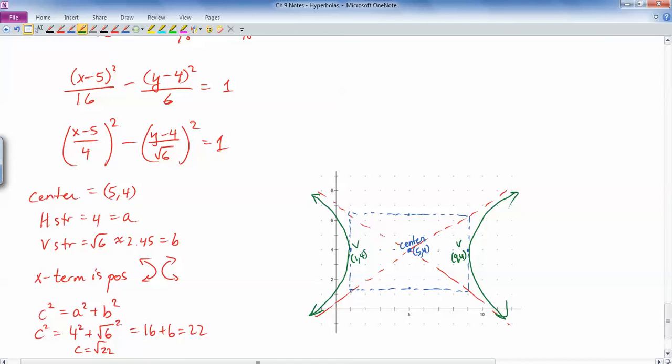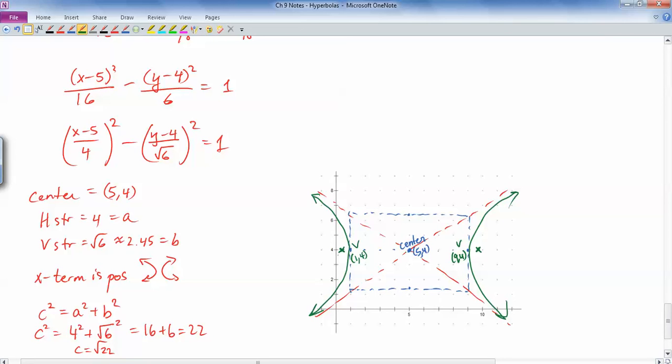Let's see, what else do we need? We need the foci. Okay, so the foci were root 22 away from the center. So root 22, that's a little less than 5. So if I go a little less than 5 away from the center, so 1, 2, 3, 4, and a little less than 5, somewhere around here is one focus, and somewhere around here is the other focus.